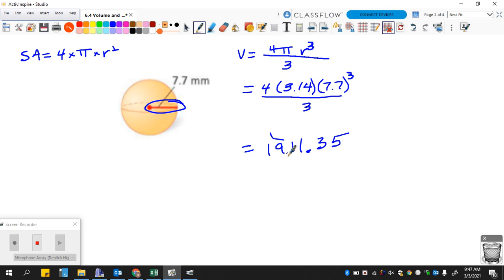To find the surface area, it's just 4 times 3.14 times 7.7 squared, to the second power.